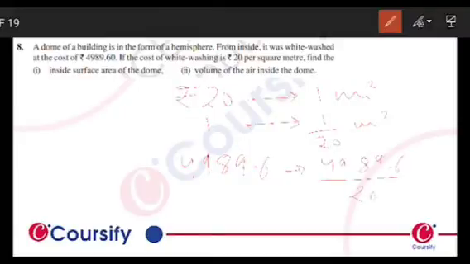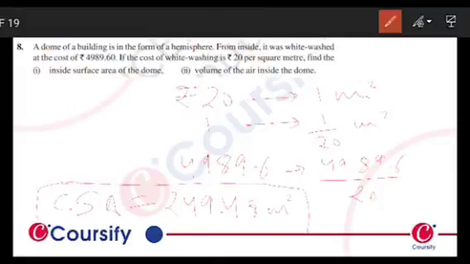So this will give us the inside surface area, CSA, is equal to 249.48 meter square. So this is the curved surface area.